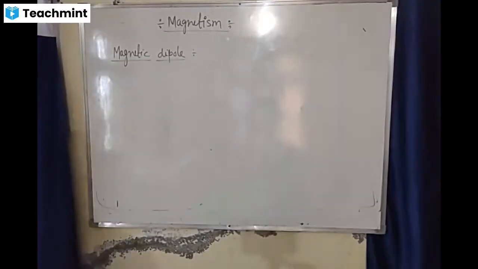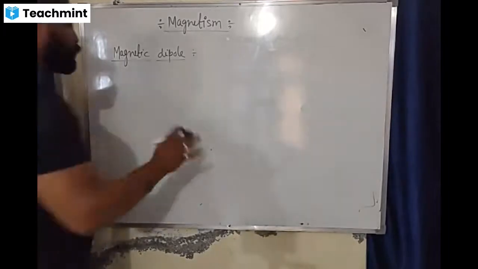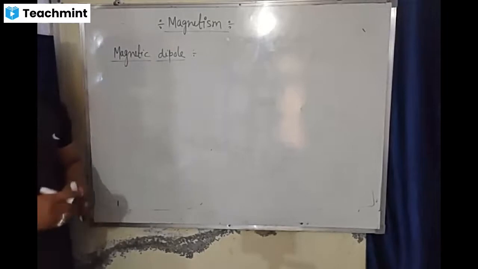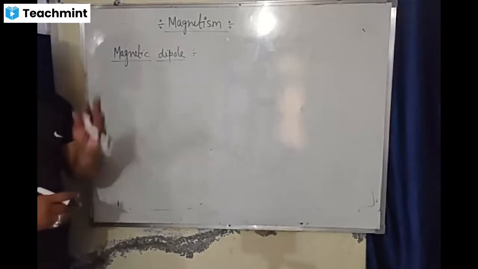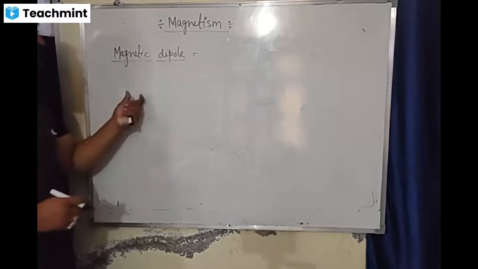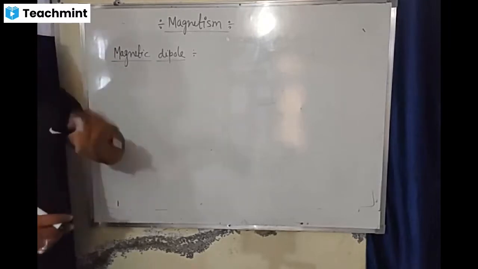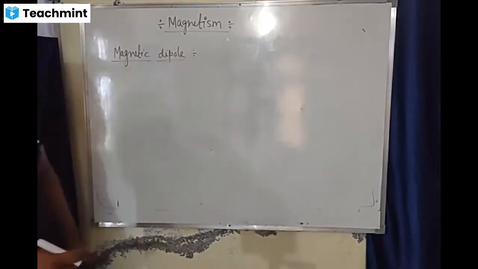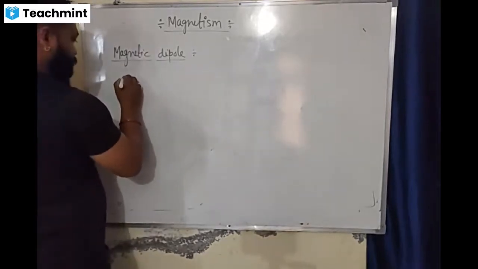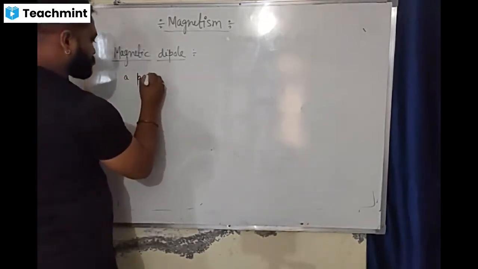Magnetic dipole is a pair of equal and opposite poles. Basically, whenever we talk about electric dipole, the electric dipole is a pair of equal and opposite charges. The same way, magnetic dipole is a pair of equal and opposite poles, and that is separated by a very small distance.